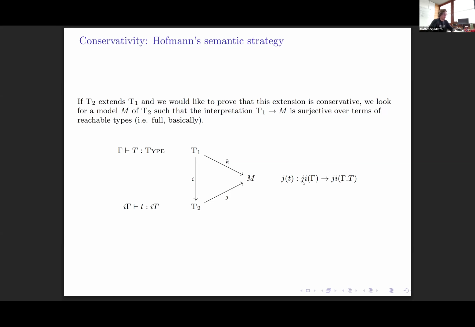Now I can write K in place of J, and because of this fullness condition that I was mentioning, we can lift J(t) to T1, obtaining a term t' of the type T. So after all, from the proof that T2 is able to prove T, we deduce that even T1 is able to prove T. In other words, T2 doesn't increase the proof strength of T1, as long as we talk about statements that we can express in T1.